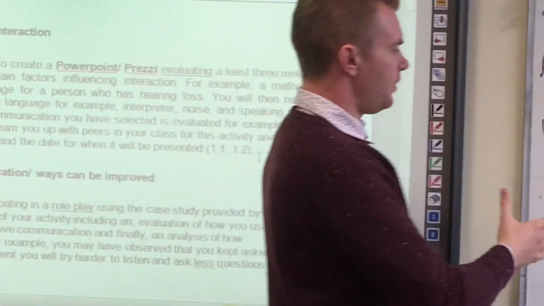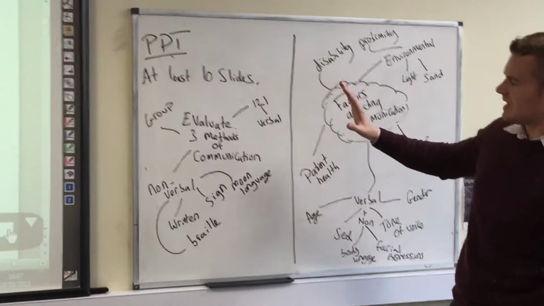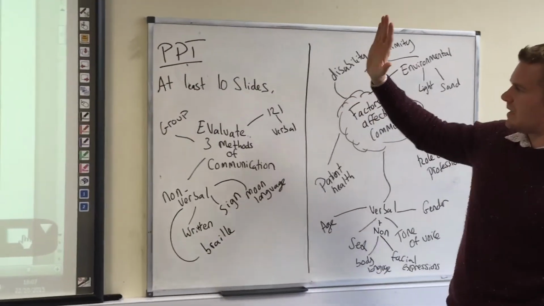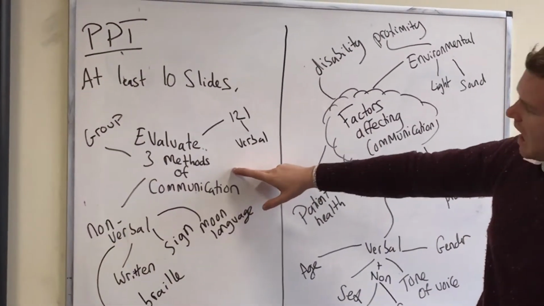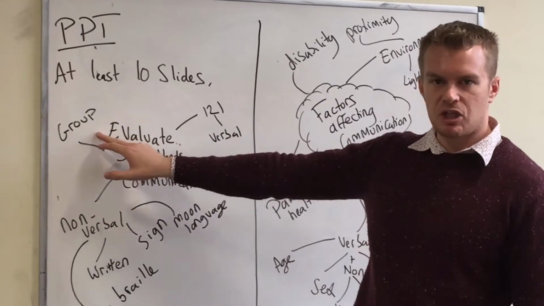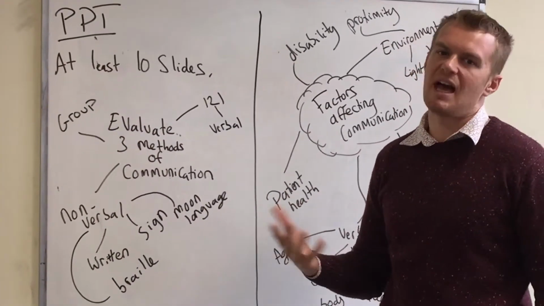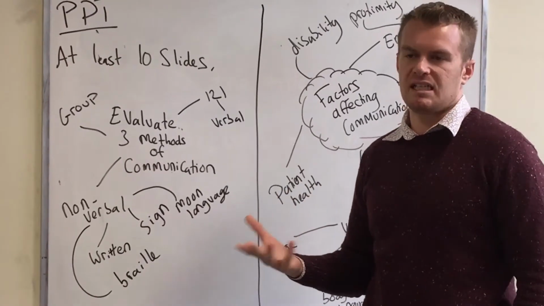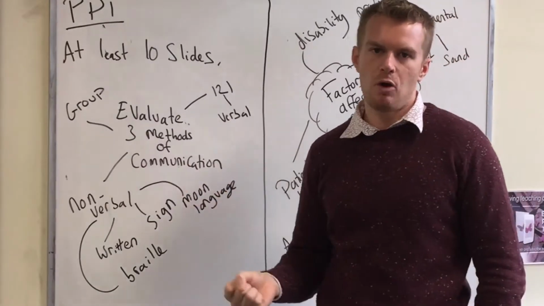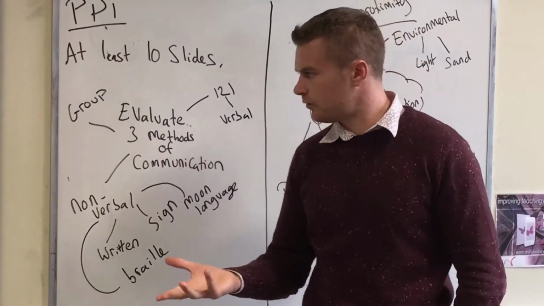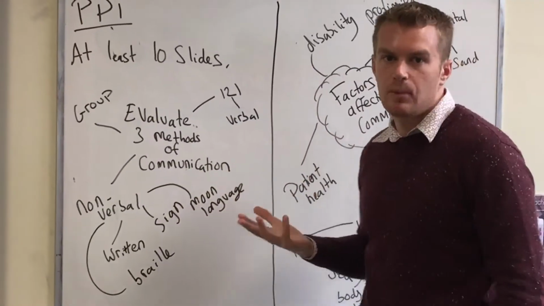On this side of the classroom, I've also done a little whiteboard presentation to remind you what some of the methods of communication are. We have group communication. Ironically, you're going to be doing a group presentation, so that is an example of you selecting a method of communication: 3-4 of you presenting your PowerPoint. That is a form in itself. We also have one-to-one communication, which is usually verbal.